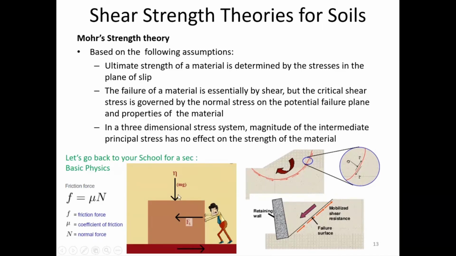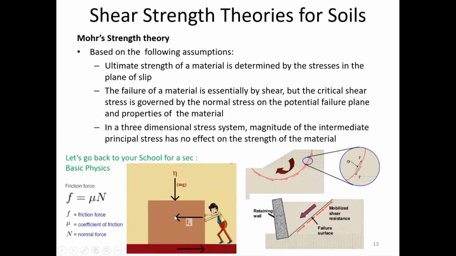So if I increase this normal force, maybe I can easily push this block, but if 5 of you guys sit on this block, it will be more difficult for me to push this sideways. Why? Because there is some normal force acting on it downwards, and the coefficient of friction hasn't changed, but your normal force has changed, so it will become very difficult for me to push it.